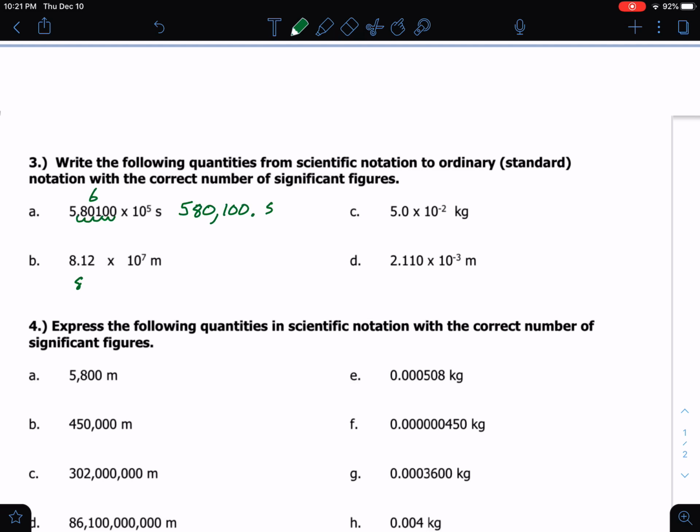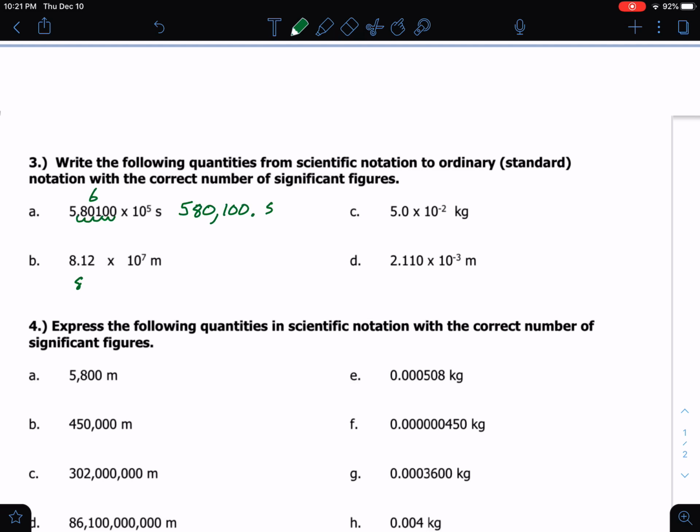Okay, number 4. Now we're going the opposite way. 5,800, that is going to be a big number, so that means we're going to have a positive exponent. You're going to start from where the decimal would be, right here, and go to the left. 1, 2, 3. You're going to stop right before that last number.